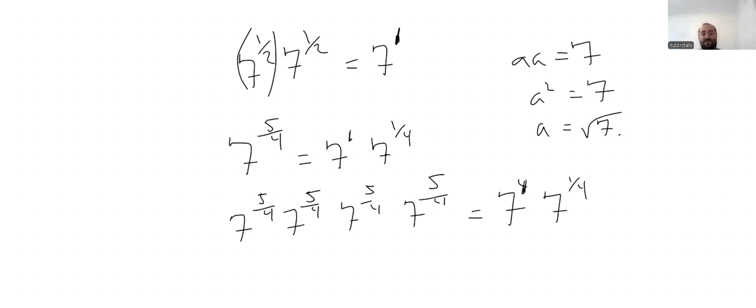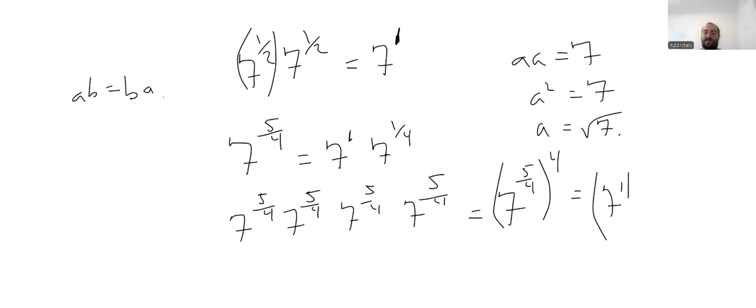That's another interesting property here. AB equals BA, meaning A times B equals B times A. So this is the commutative property of an operation. Anyway, so I have 7 to the 5/4, and I'm doing it 4 times. That's 7 to the 1 to the 4, and 7 to the 1/4 to the 4.